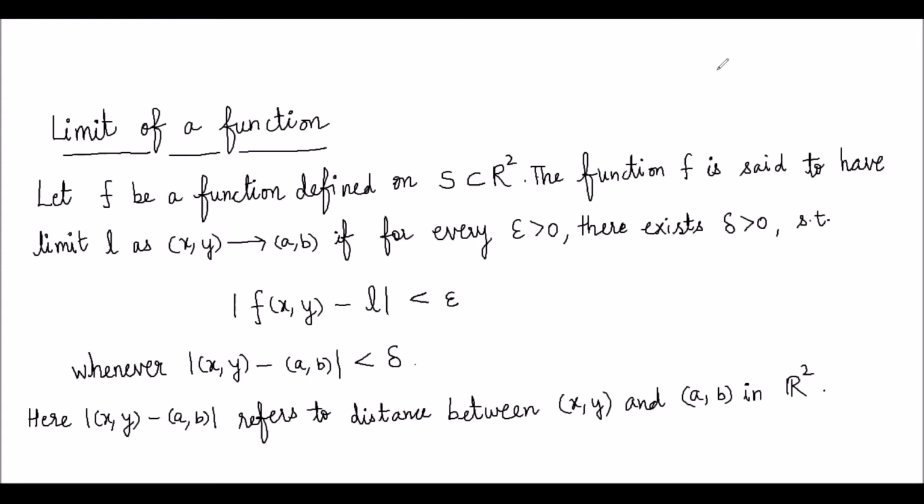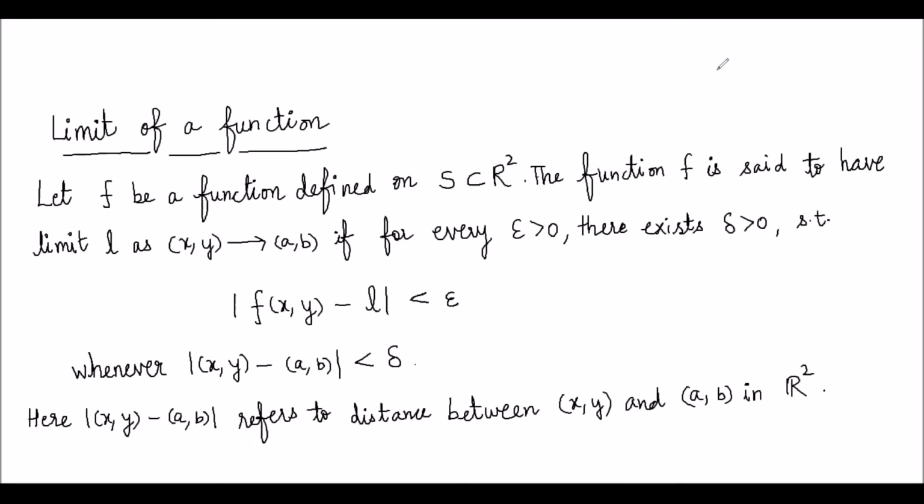Let f be a function which is defined on set S. So what is this S? S is the domain of this function. Since we are considering a function of two variables, it is obvious that this domain S is a subset of R square.